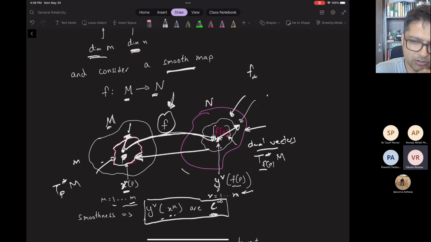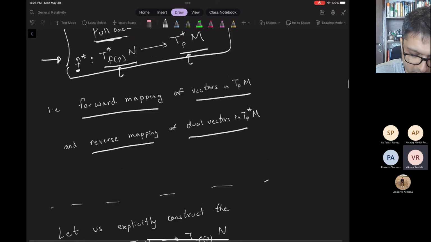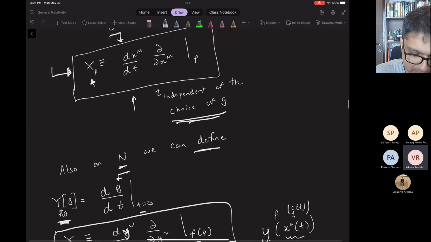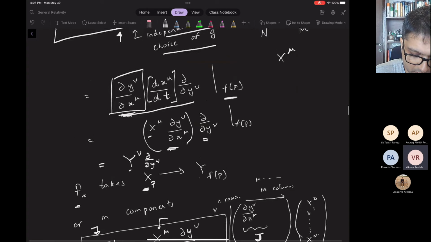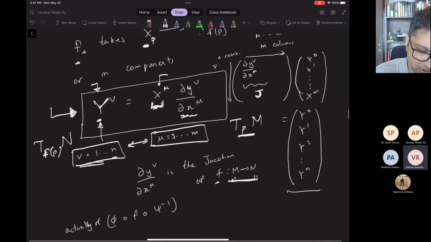And similarly, we saw that for dual vectors, there's a mapping f upper star, which takes a dual vector at the point f of P and maps it to a dual vector at the point P. This is a natural mapping induced by f. And we saw that in a particular coordinate system, this mapping is implemented through this Jacobian.